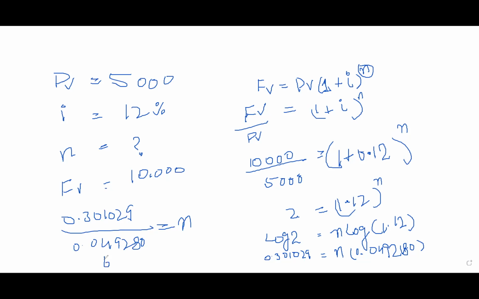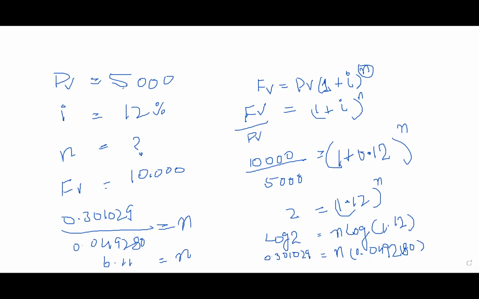The answer would be 6.1111, and this is how we can calculate the time period if the future value, present value and interest rate are given.